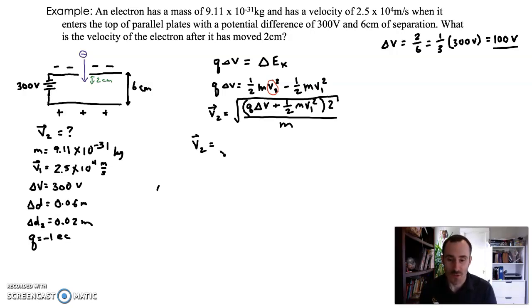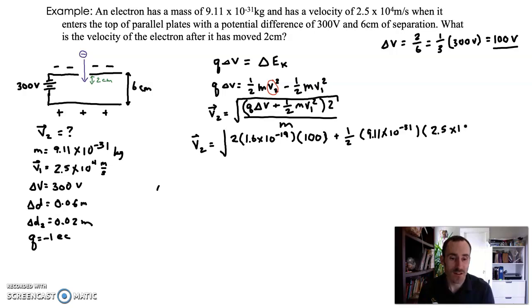Velocity 2 is equal to the square root of, I'm going to put this 2 in front now just because I like it better there. 2 times Q is 1.6 times 10 to the negative 19 coulombs, times the voltage change, which is 100 volts, plus half times 9.11 times 10 to the negative 31 times 2.5 times 10 to the 4 squared.